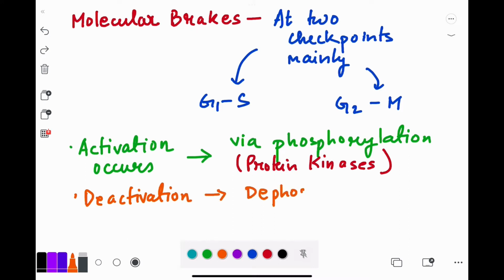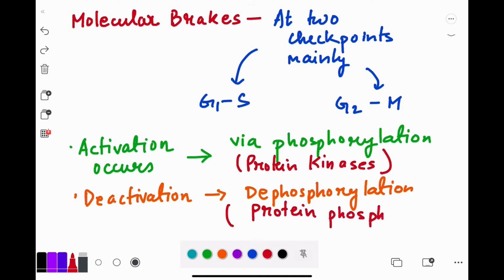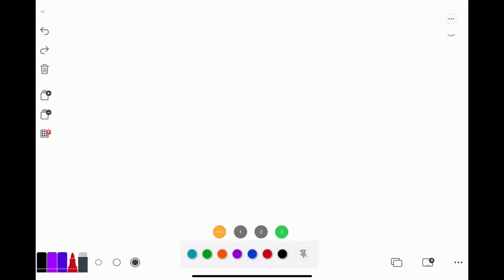Please keep these points in mind. The enzymes that phosphorylate are known as protein kinases, and those that dephosphorylate are known as protein phosphatases.